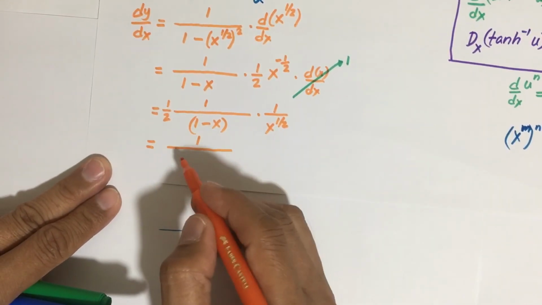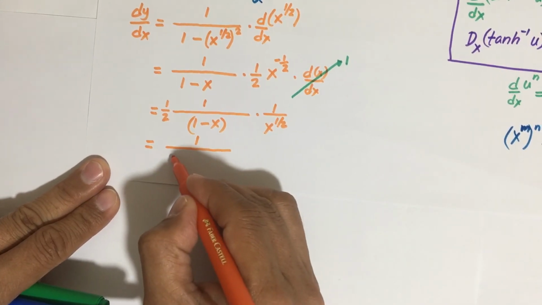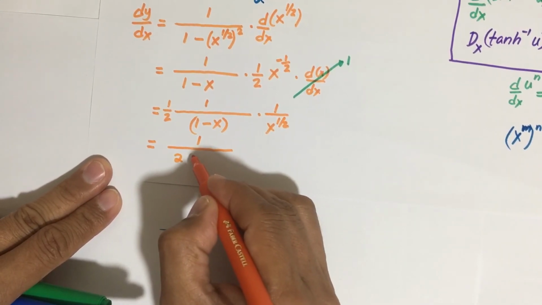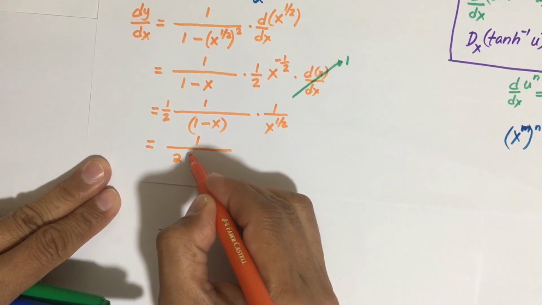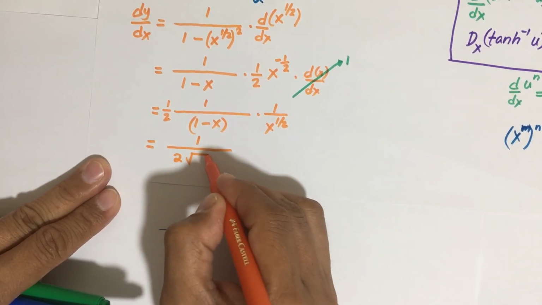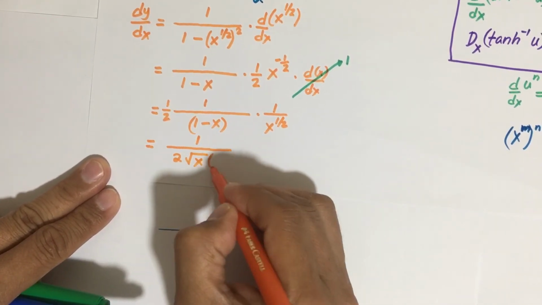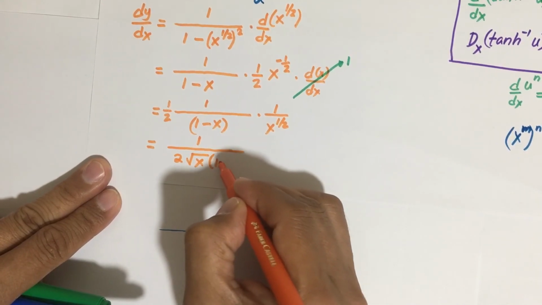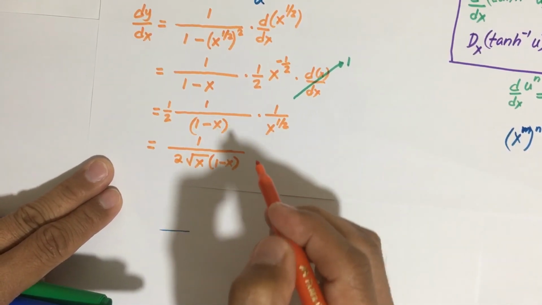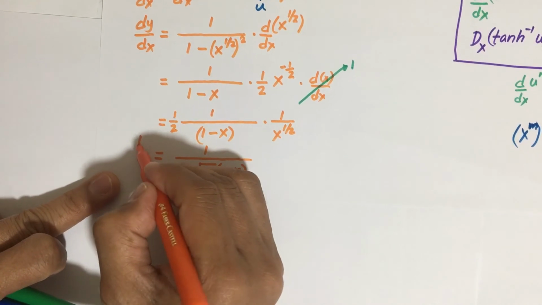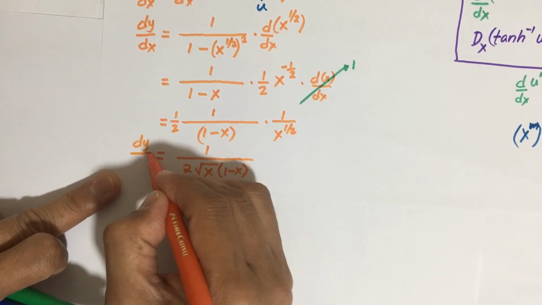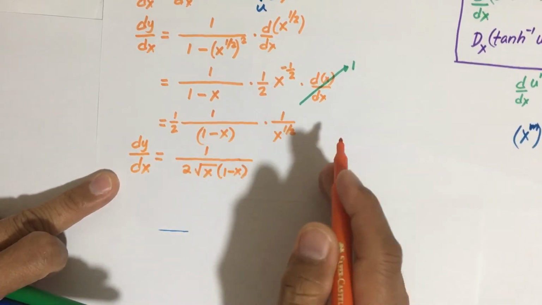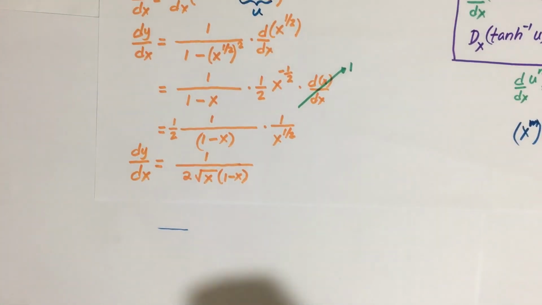So therefore our final answer is 1 divided by 2 times square root of x, times 1 minus x. So this is our dy over dx. This is our final answer.